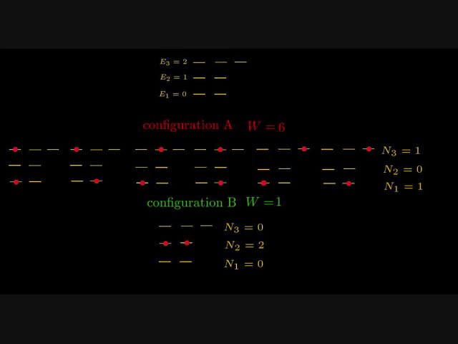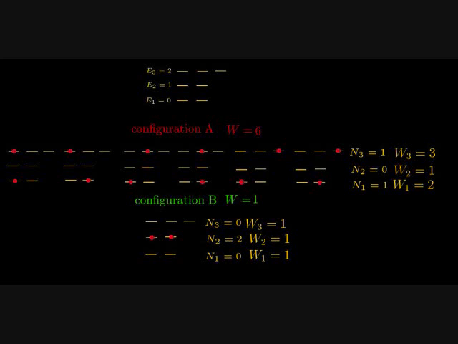Each energy level i also has a weight W_i, which is the number of ways to place N_i particles in G_i states. For example, in level 3 of configuration A, there are 3 ways to place 1 particle in 3 states, so W_3 equals 3. For level 1, there are 2 ways to place 1 particle in 2 states, so W_1 equals 2.